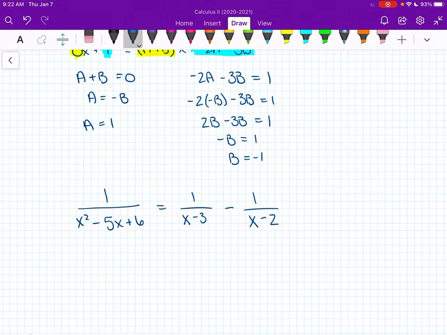So that's how we would decompose, and then if this was an integral, we would be able to integrate 1 over x minus 3 and 1 over x minus 2 easier than 1 over x squared minus 5x plus 6.